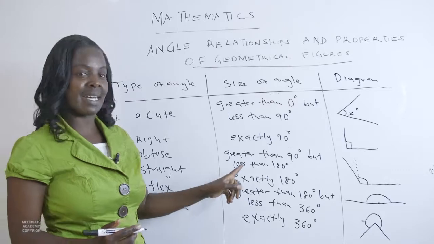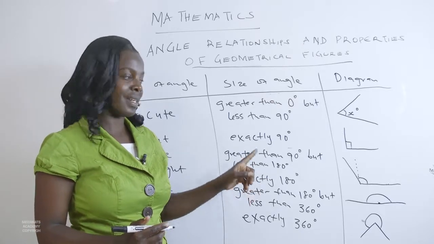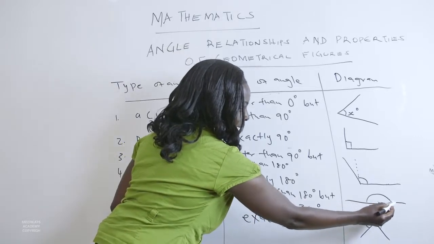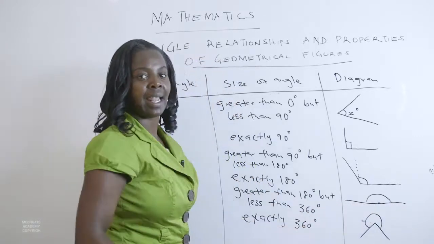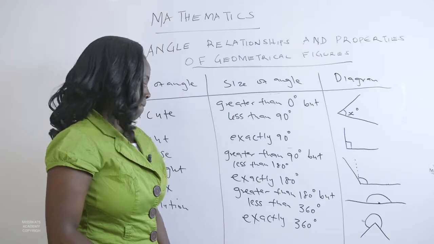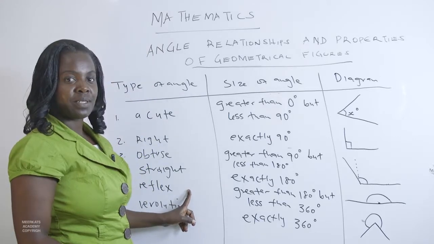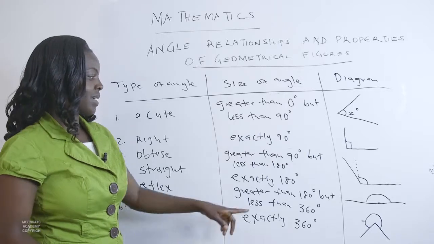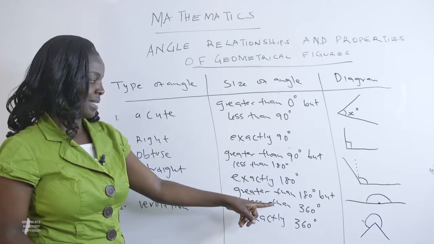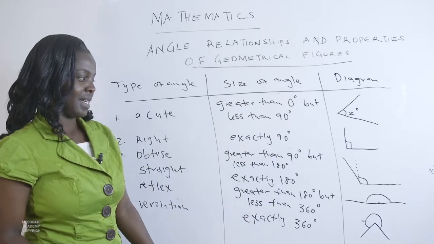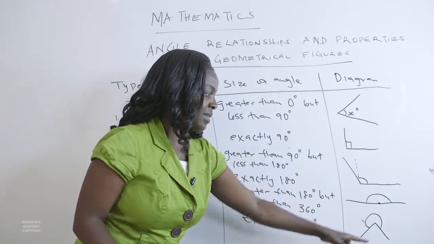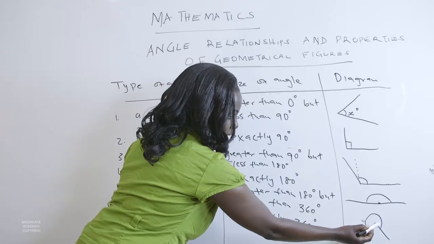A straight angle is measuring exactly 180 degrees. 180 degrees is an angle of a straight line. We have another angle that we call a reflex angle. A reflex angle is greater than 180 but less than 360. So an example of a reflex angle is this one that is outside.